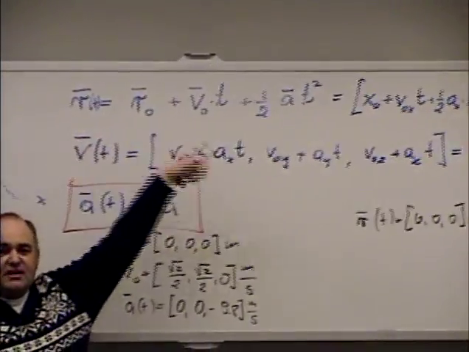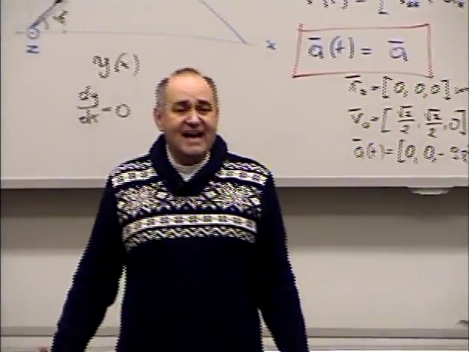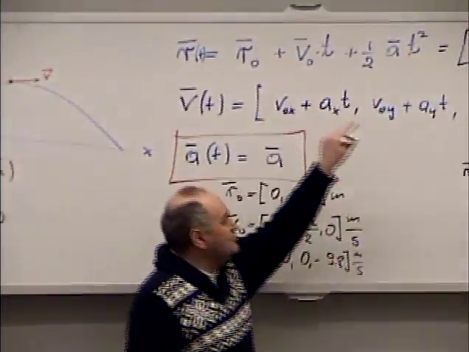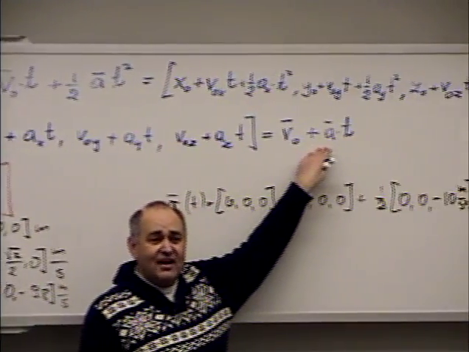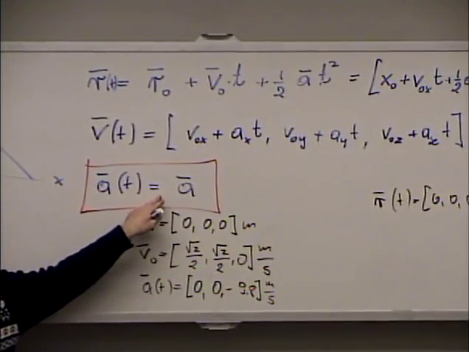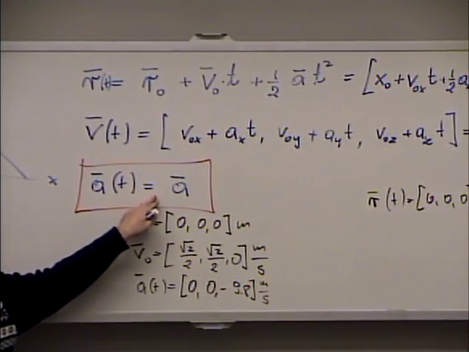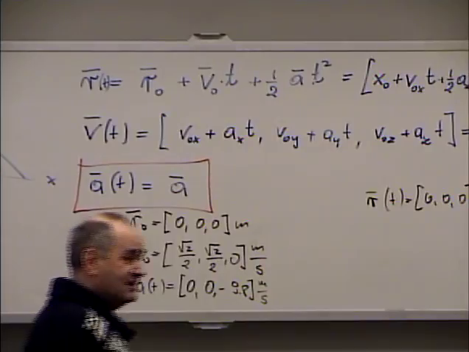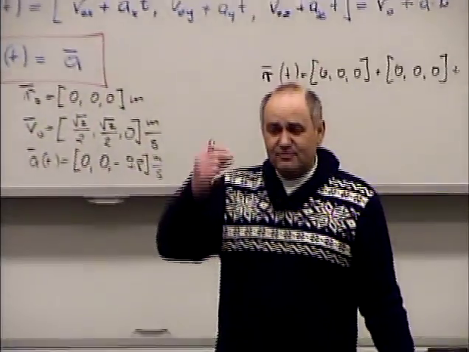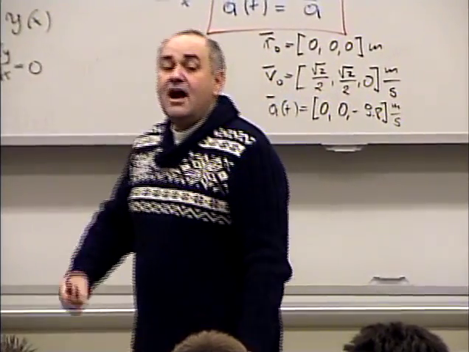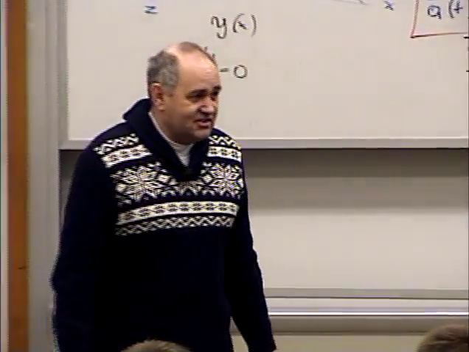If position is a quadratic function of time, then velocity happens to be a linear function of time, and acceleration is constant. It does not change in time. This type of motion is referred to as the motion with constant acceleration. Whenever you have position dependent on time through a quadratic equation, acceleration is constant.